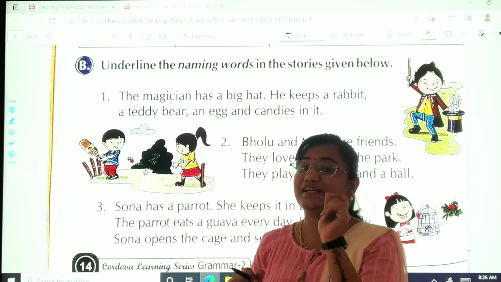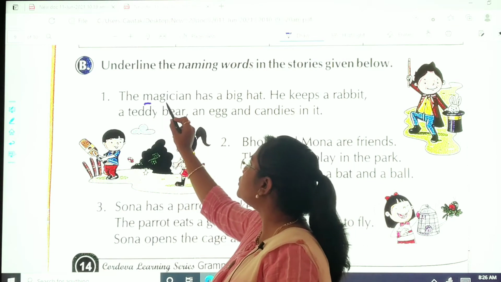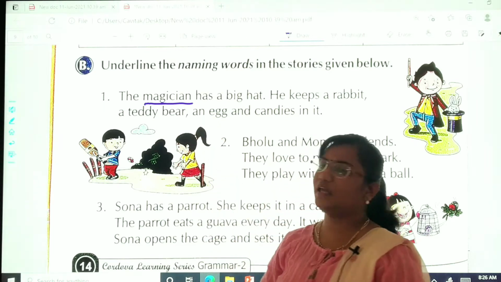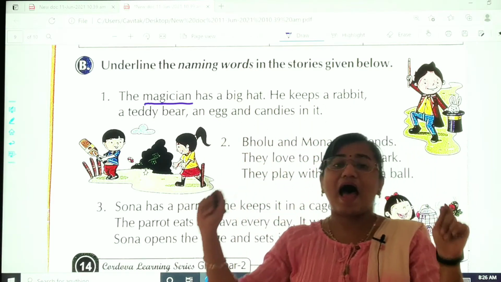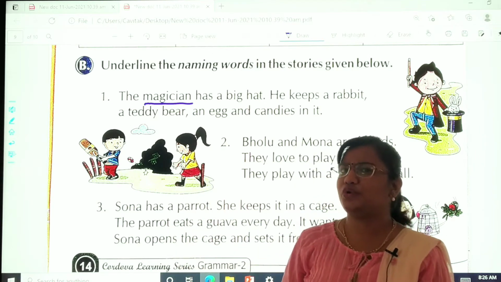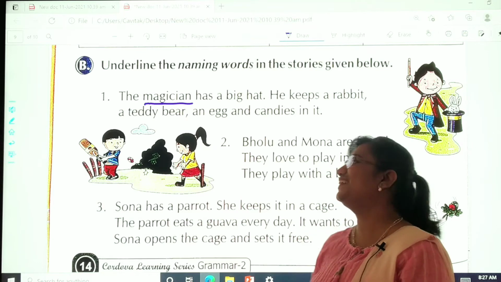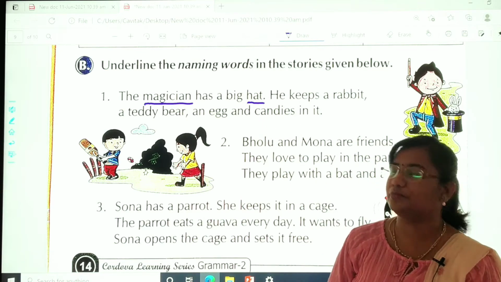So, it is a naming word. So, we will underline magician. Okay, and then has a big hat. Hat is a naming word of a thing. Do you like wearing hats? Okay, so we will underline hat over here.